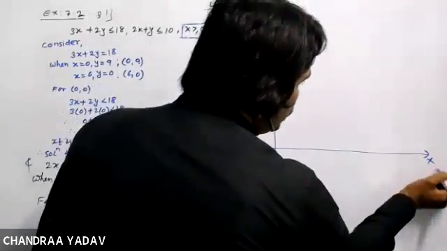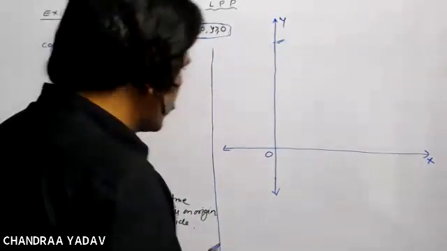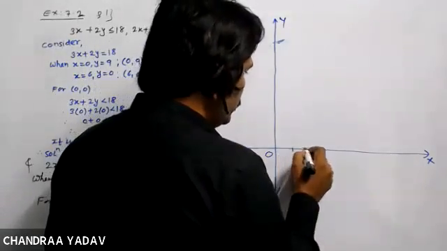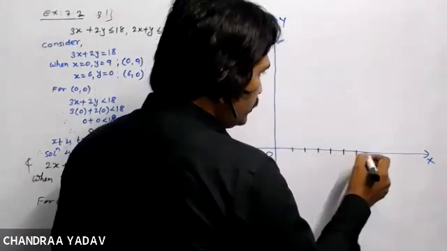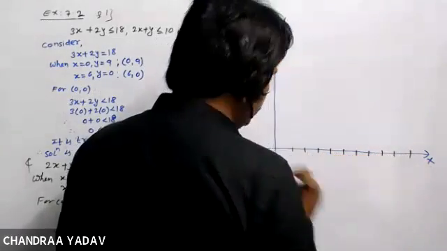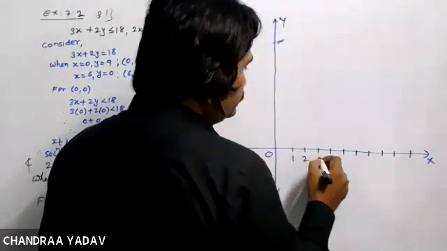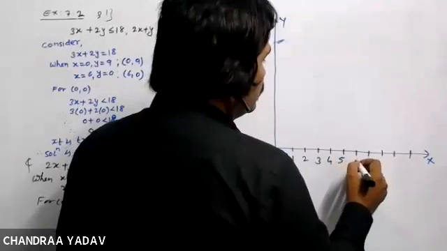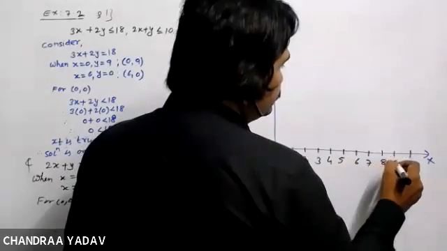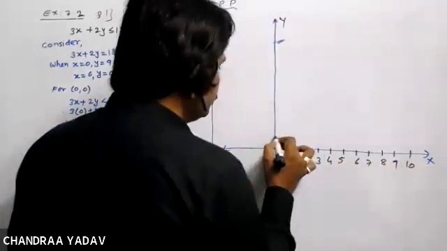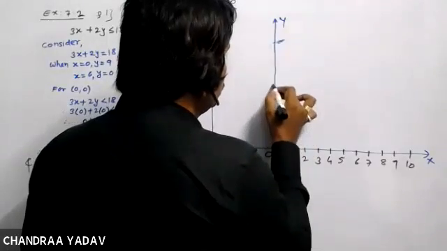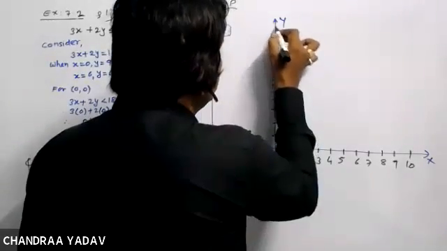Y-axis, x-axis. This is the origin. 1, 2, 3, 4, 5, 6, 7, 8, 9, 10. Same thing, 1, 2, 3, 4, 5, 6, 7, 8, 9, 10.